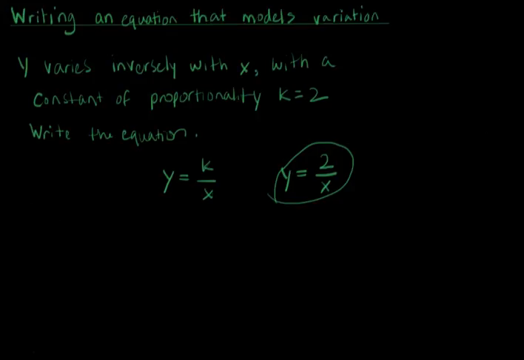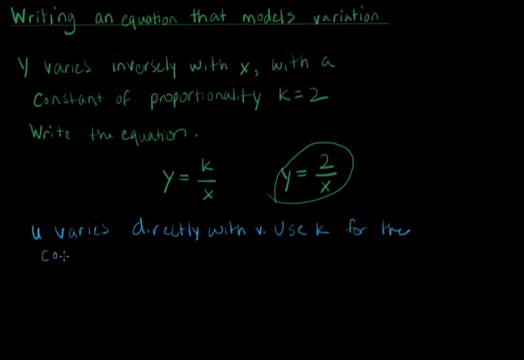Okay, so let's do another example. U varies directly with V. Use K for the constant of proportionality and write the equation.